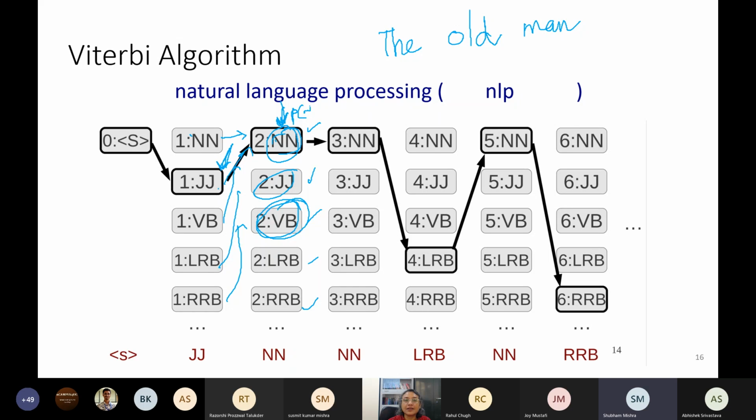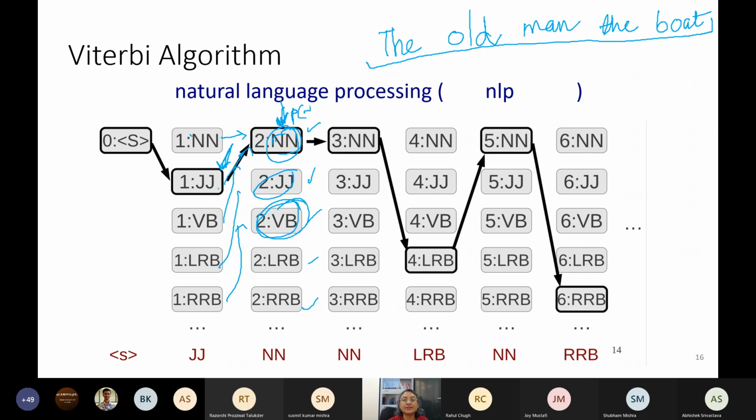Then I find "the". And then I see "boat". Now, given this sentence, can you find a possible POS tagging of this sentence?